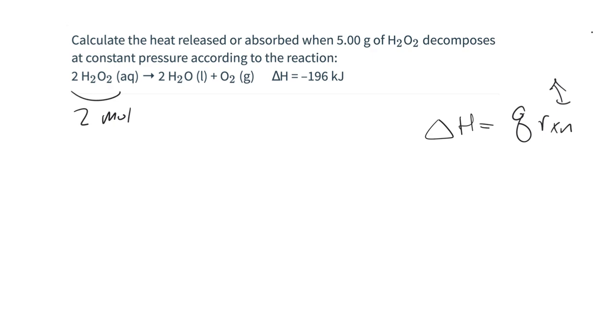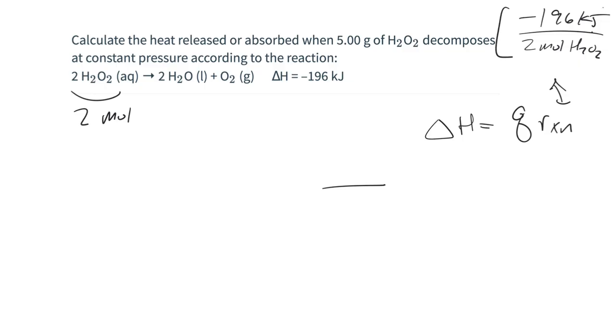Okay, so let's try to calculate the actual amount of heat being released by this 5 grams. When I have 5 grams, it's going to be less magnitude than minus 196 because 5 grams is much less than 2 moles of hydrogen peroxide. So the next step is converting grams to moles because I'm going to use the conversion factor that it's minus 196 kJ per 2 moles of hydrogen peroxide.